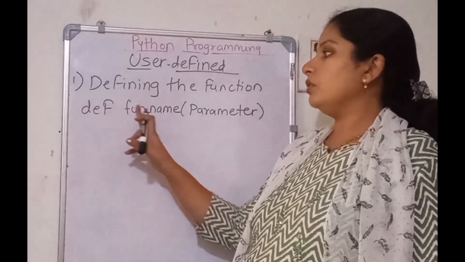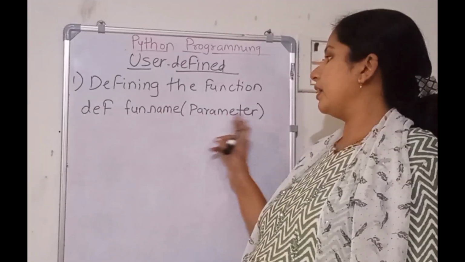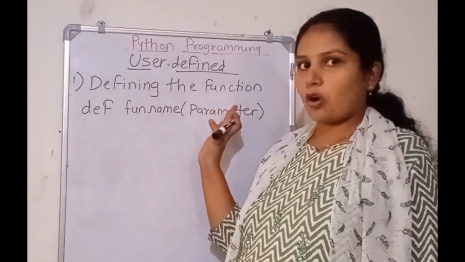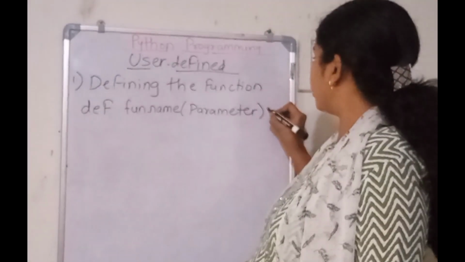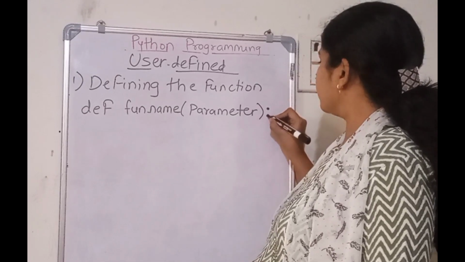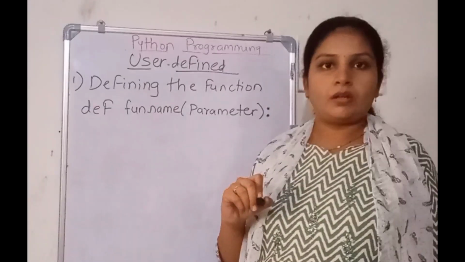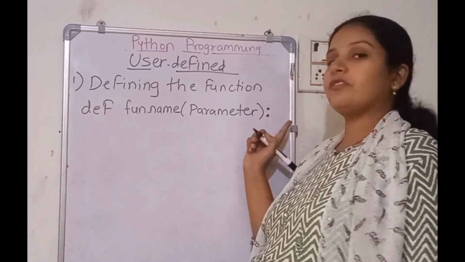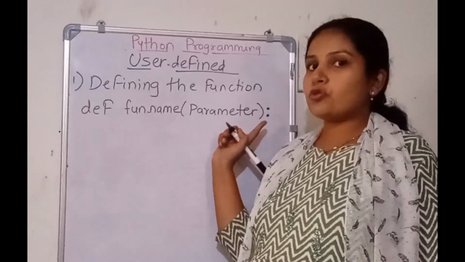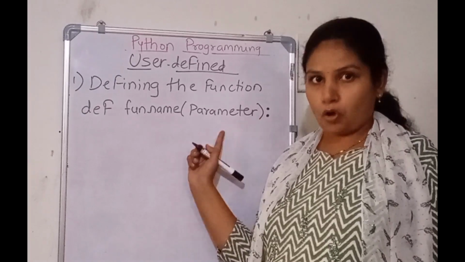So definition, function name, inside bracket parameters, these are optional, and the most important part, end your statement with colon. Whenever you end any statement with colon, that means you are creating the indentation block.